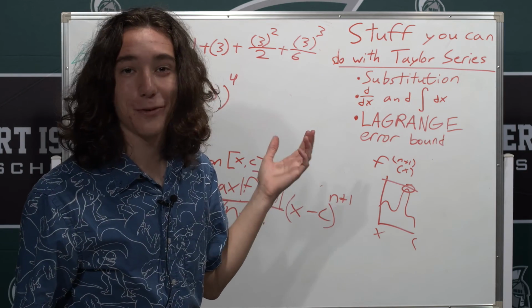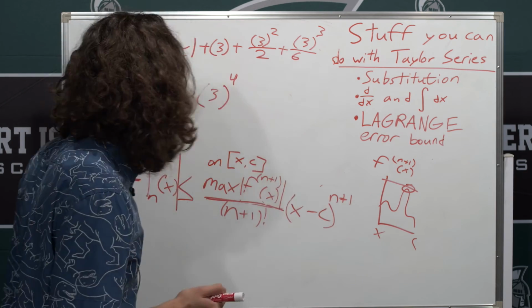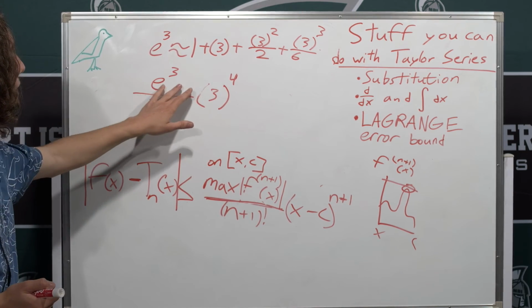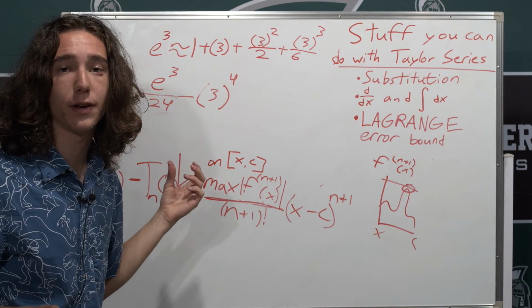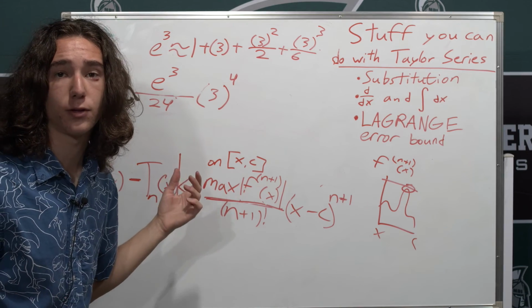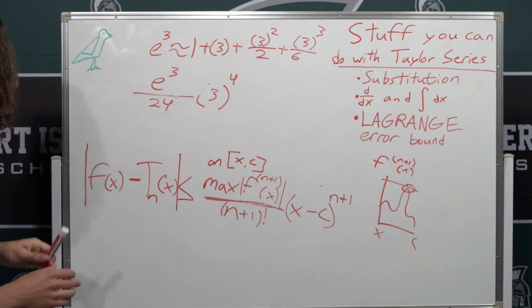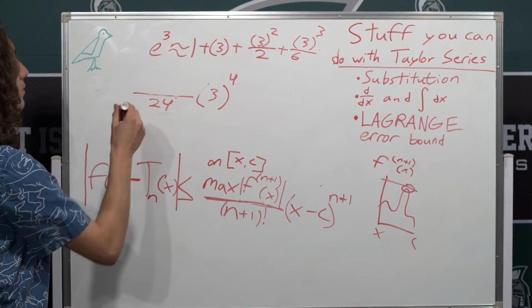And now that's actually super useless, because we don't know what e cubed is. But assume, for some function that you're doing this for, that as you derive it, you're given something, or you know something about its derivative, where you know the value of this maximum. So this will become some value.